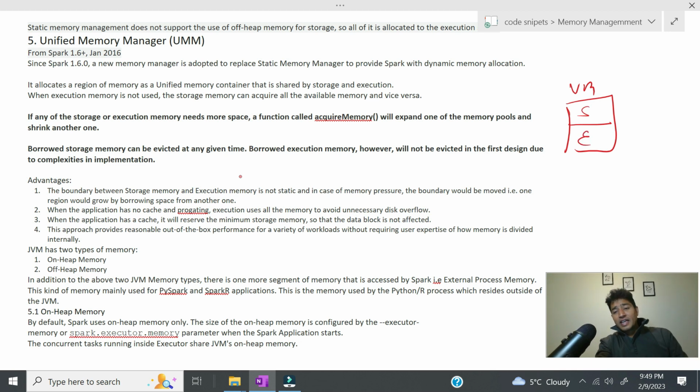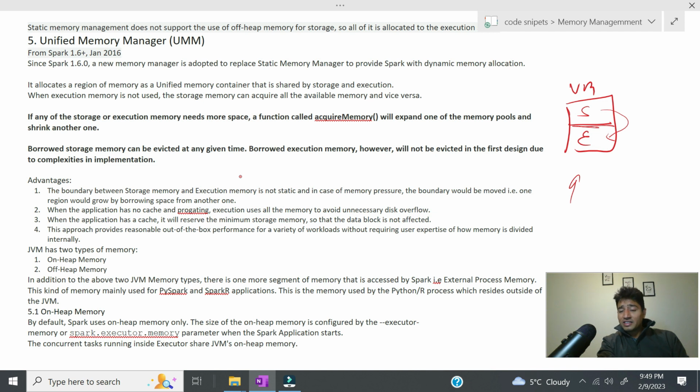Let's say execution is not taking place, so storage memory can take this memory as well. But if you submit a job and it wants some execution, it can reclaim this memory again for execution. Okay, so this is one scenario.